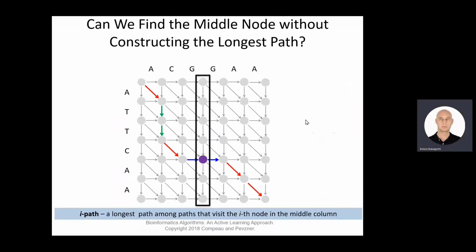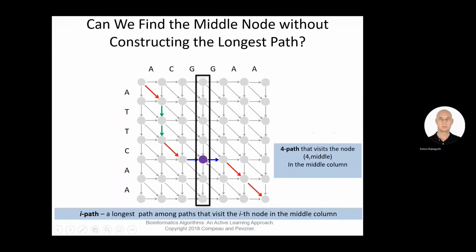So we call i-path a longest path among paths that visit each node in the middle column. So I have a column, the middle column, and I call path 1, path 2, path 3, path 4, path 5, i-path. 4 paths that visit the nodes in the middle column.